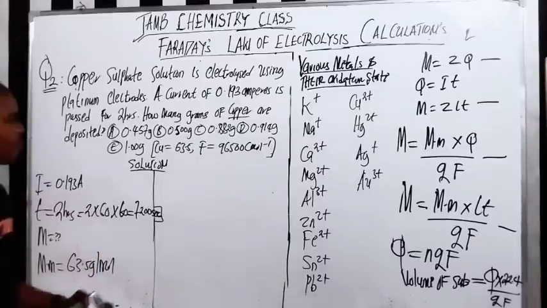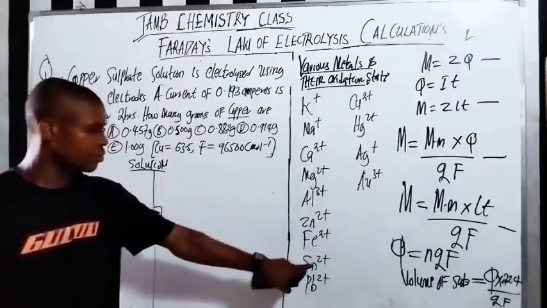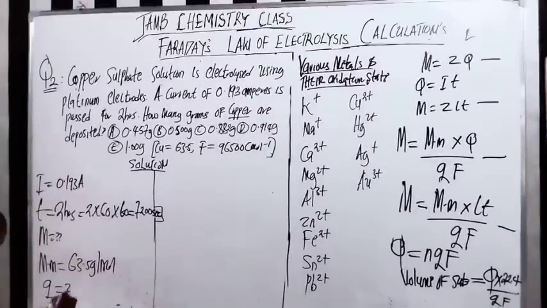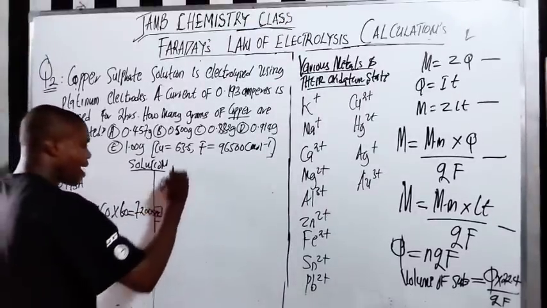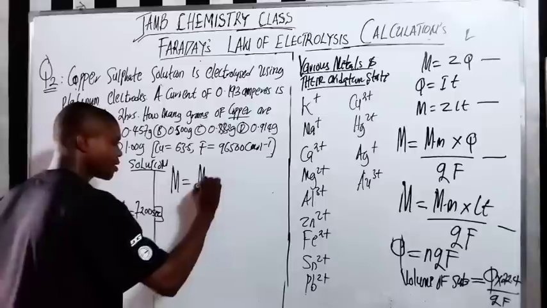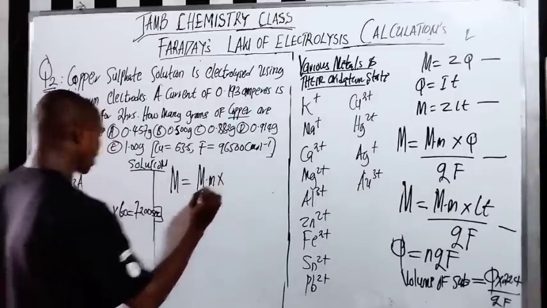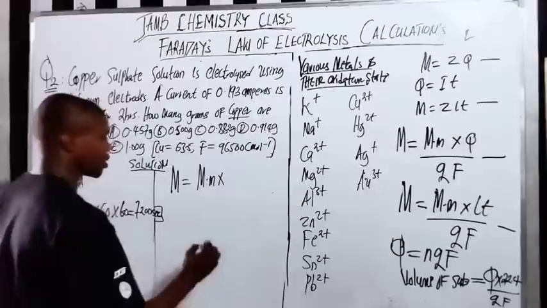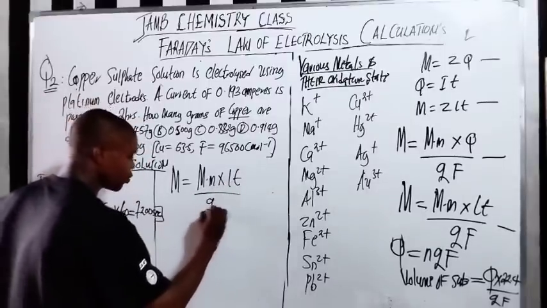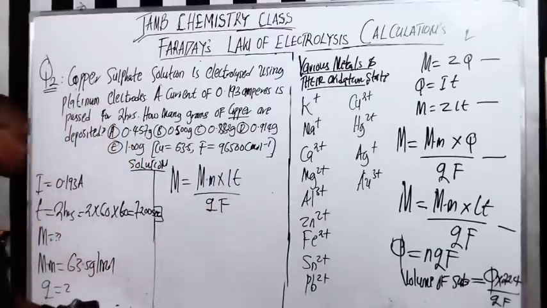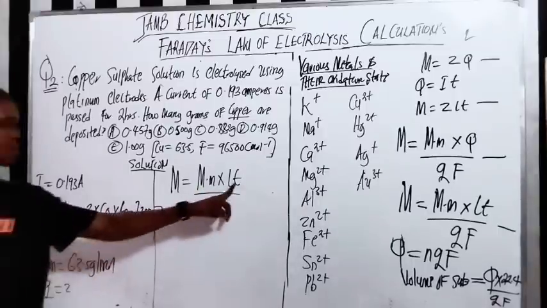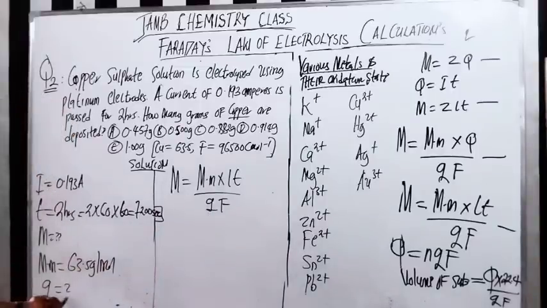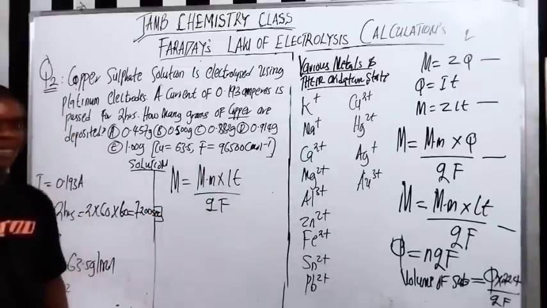Now my charge, Q, is 2, because I'm going to use this formula: mass equals the molar mass times I T over Q F. So I know my molar mass, I know my I and my T. My Q is 2, and F is the Faraday constant. You can see how easy it is.